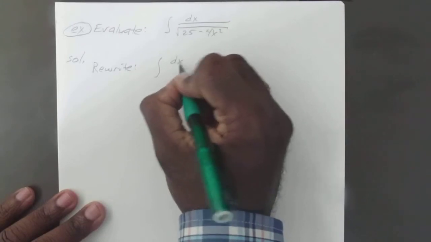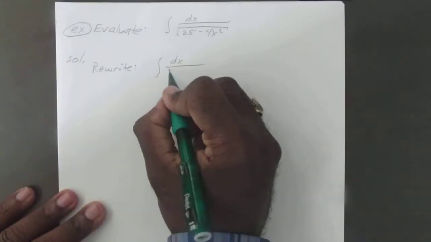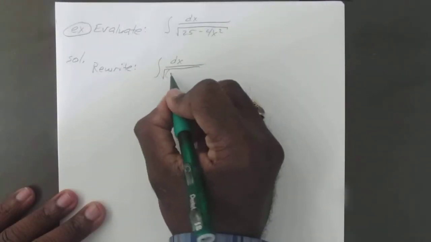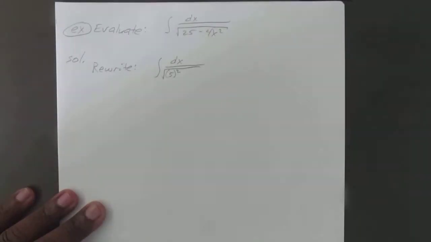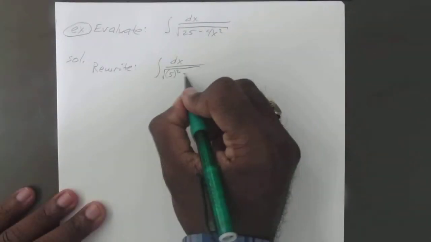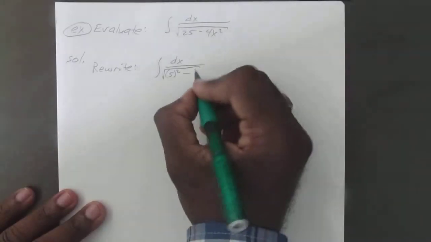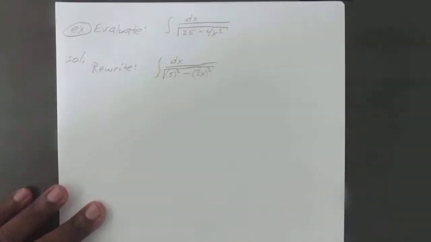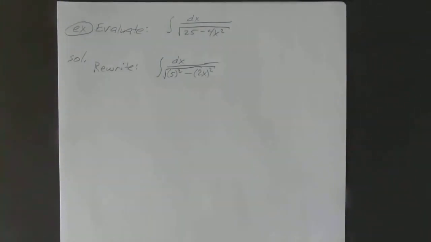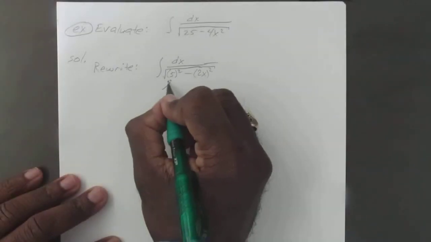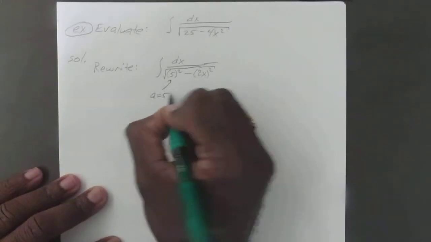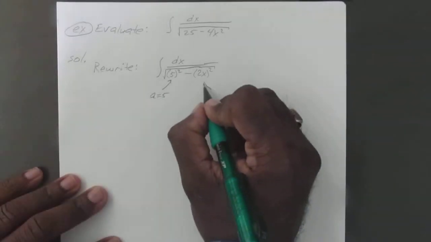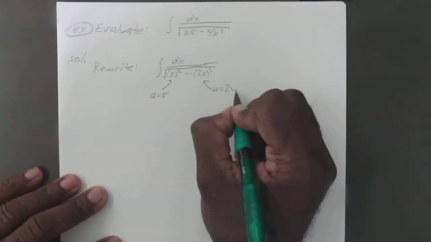Okay, so for this one, I'm just going to rewrite it. You have the integral of dx over, instead of 25, we'll make that 5 squared. And instead of 4x squared, we'll make it 2x squared. So sometimes you just have to tweak it a little bit.